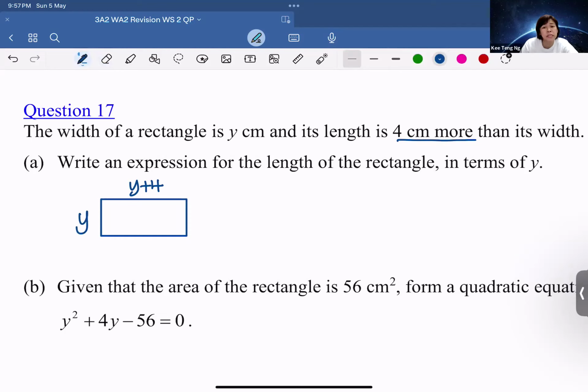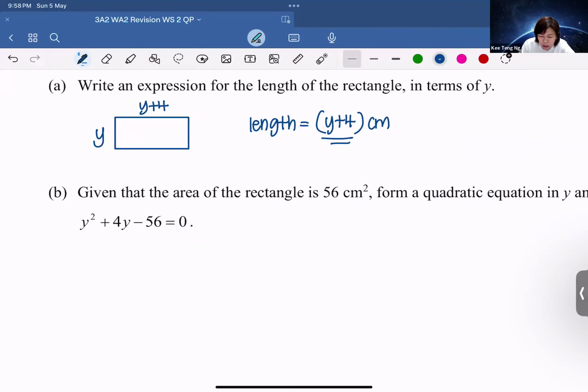Write down an expression for the length of the rectangle in terms of y. So the length will be y plus 4 cm. Given that the area of the rectangle is 56, so area equals to 56 cm squared. How do you find area? We take the length times the breadth.